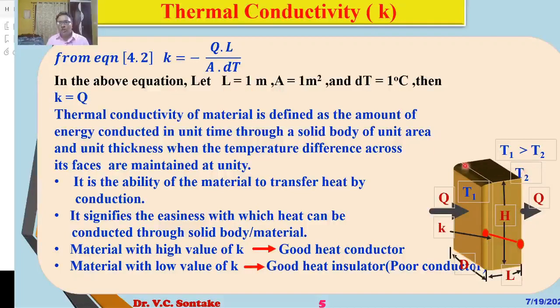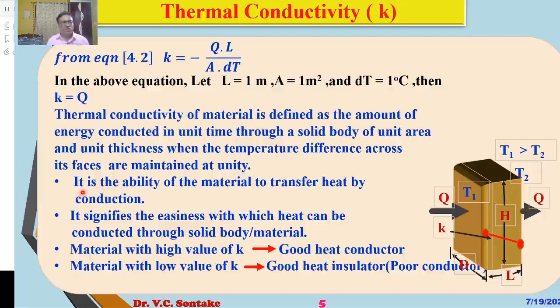If you take a cube of volume 1 meter cube and maintain the temperature difference across its two faces as 1 degree Celsius, such that T1 is greater than T2, whatever heat transfer takes place across the faces of that cube of unit volume, that heat transfer rate will be the thermal conductivity of the material of that cube. So that is its interpretation, or that is how thermal conductivity is defined.